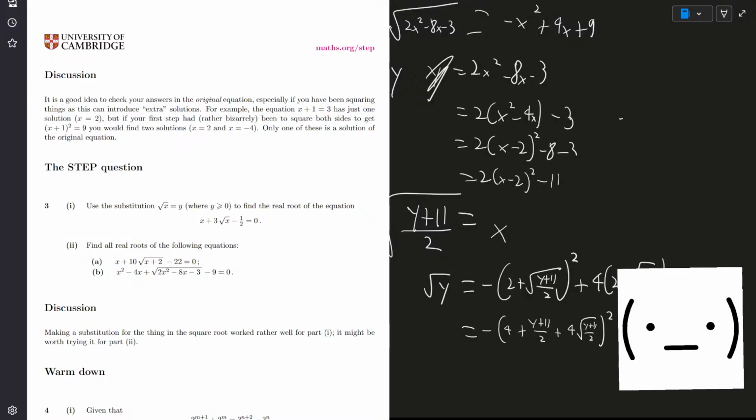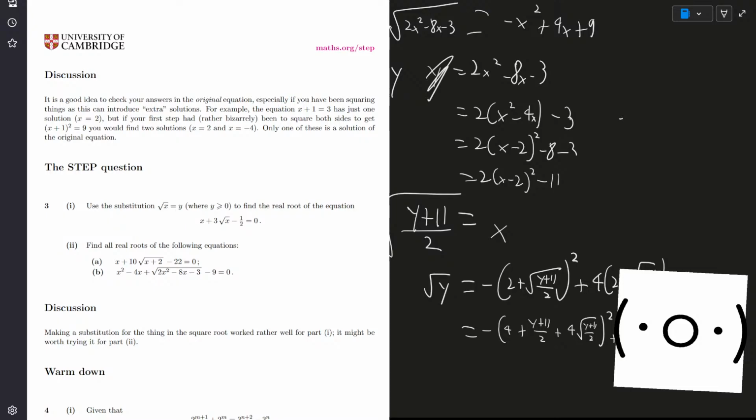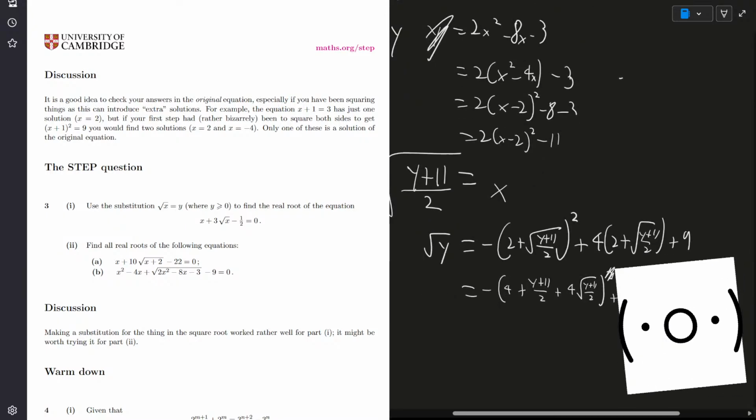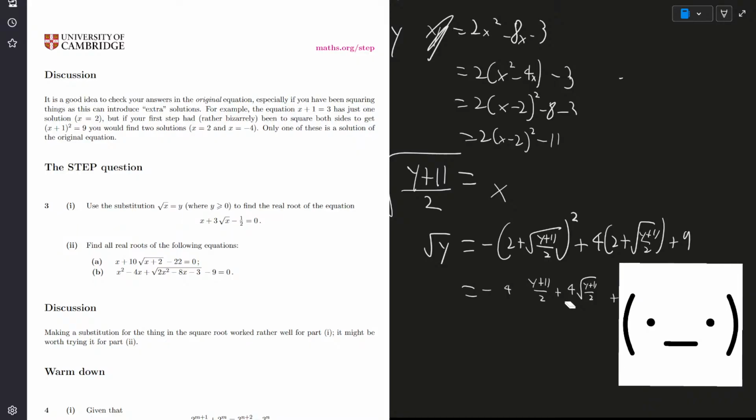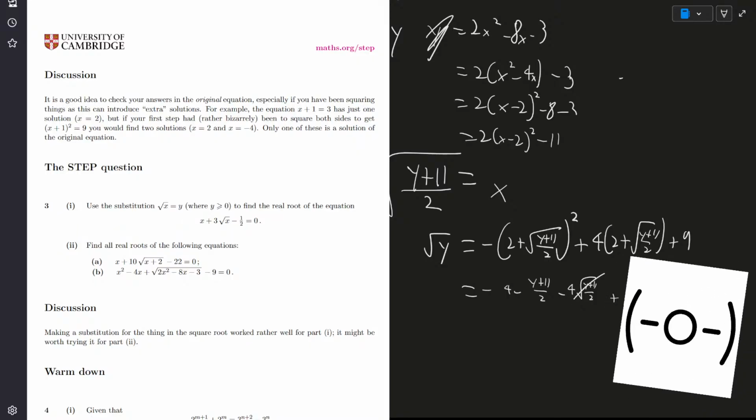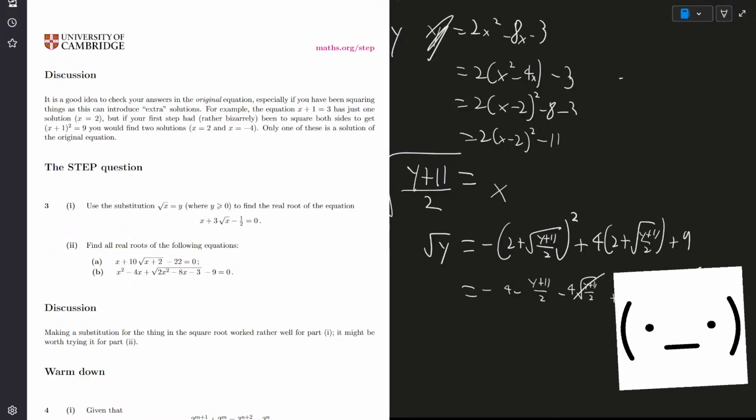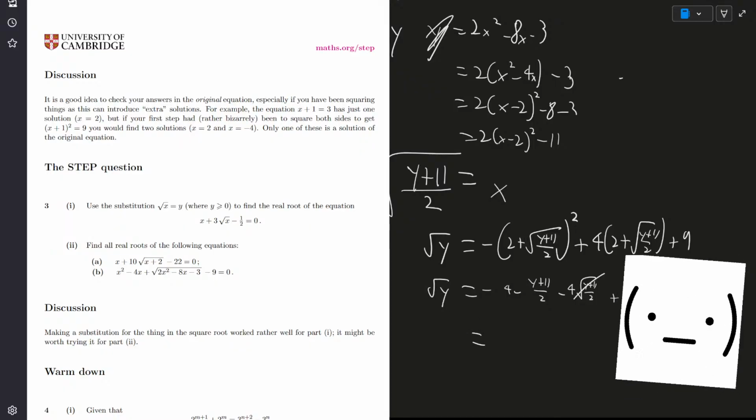The thing that really makes it special is this. Get rid of this. And then since this is negative, these two cancel out. Lovely, lovely.